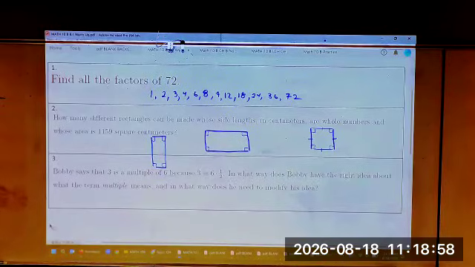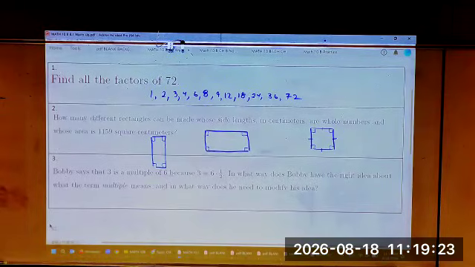So whole numbers, basically, don't include what? Well, whole numbers include 0, but if one of the sides was 0, we wouldn't have a rectangle. Whole numbers also don't include negatives.